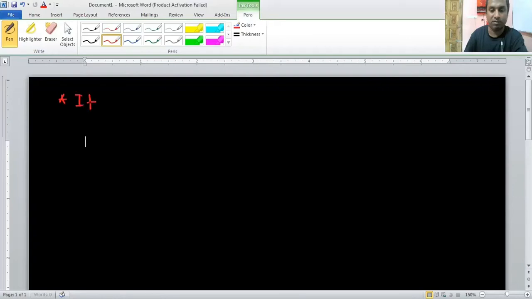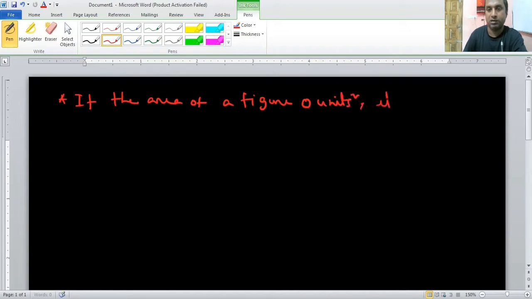If the area of a figure, I mean your result, is 0 unit square, it implies that the points are collinear.